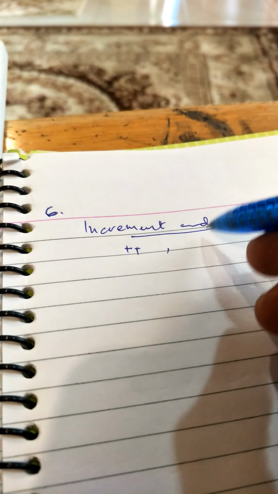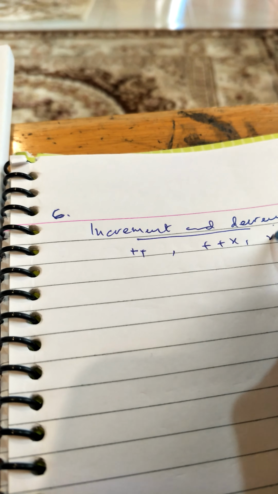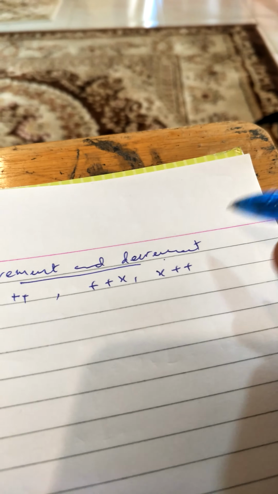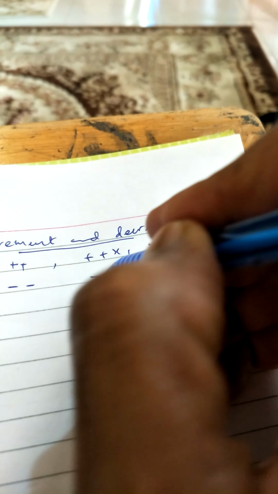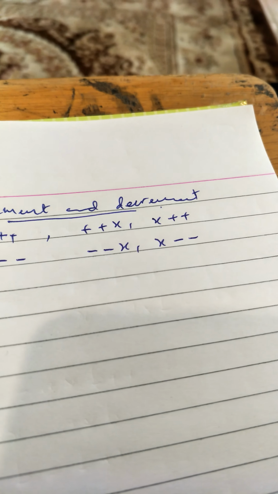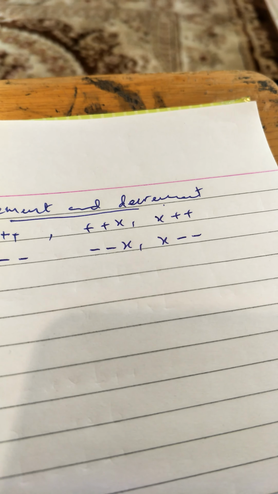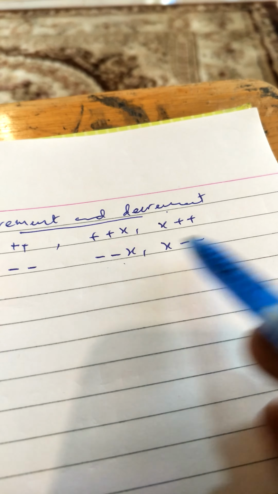We have ++x or x++. We will look into this. And for the decrement operator we have minus minus, then we have --x and x--. What's the difference between these two? If we put it before the variable and if we put it after the variable.